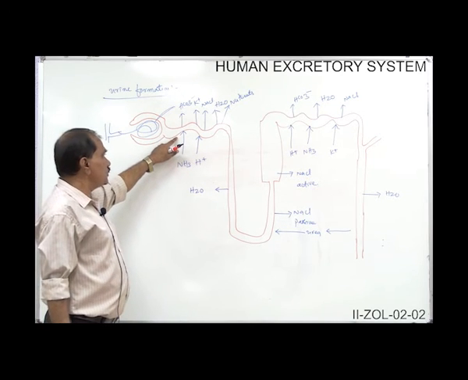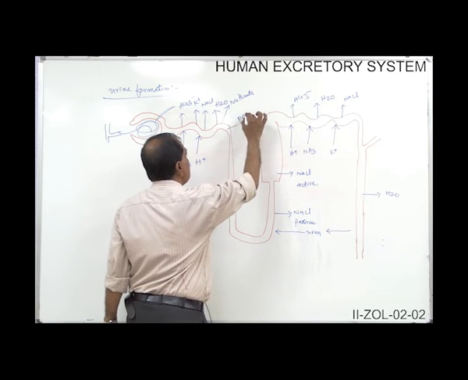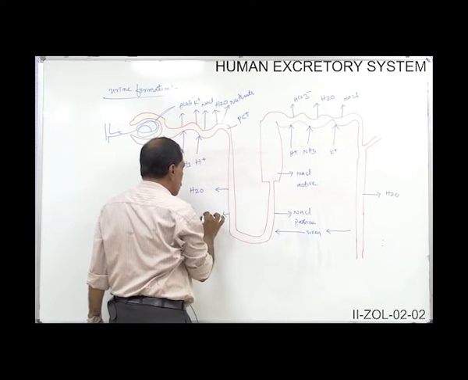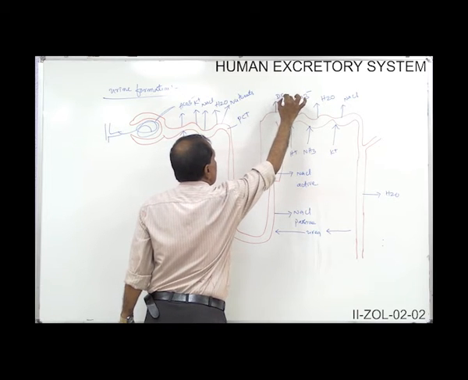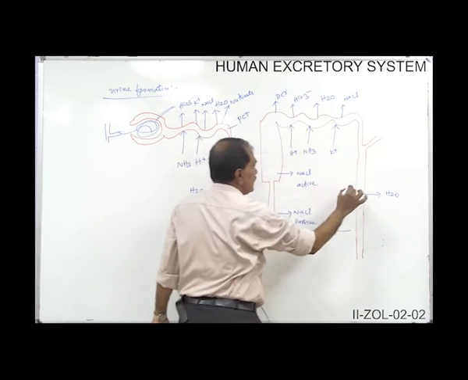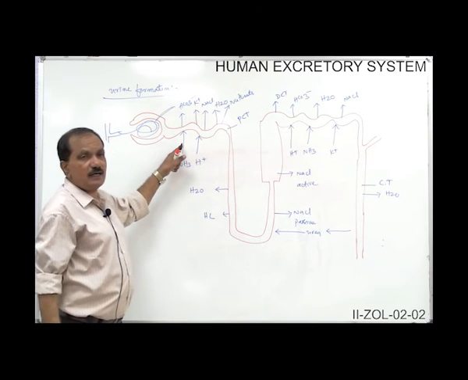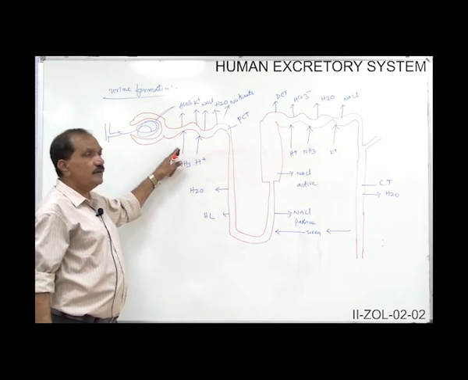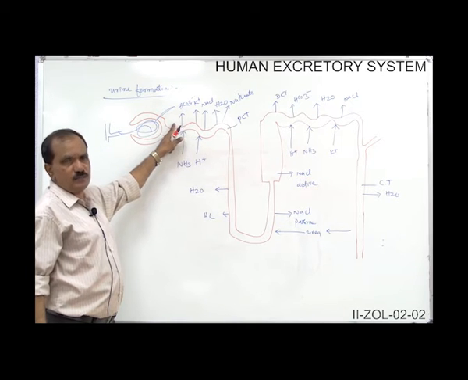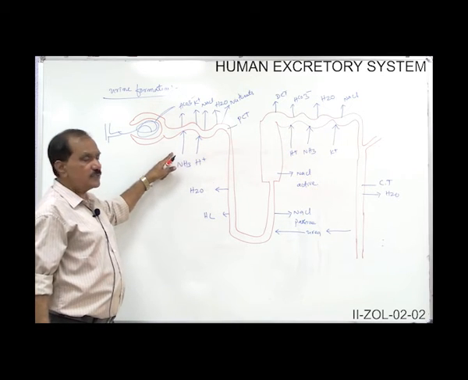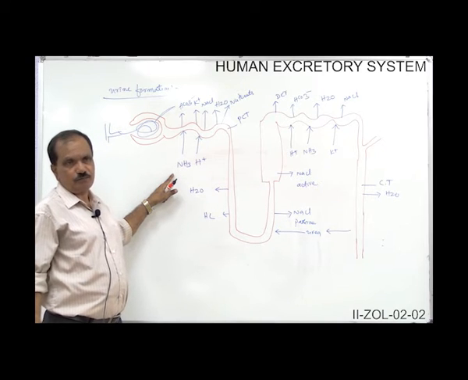Dear students, this is the PCT, this is the Henle's loop, this is the DCT, and this is the CT, the collecting tubule. Coming to the proximal convoluted tubule, the upper arrow marks tell about the reabsorption and the lower arrow marks show the secretion.